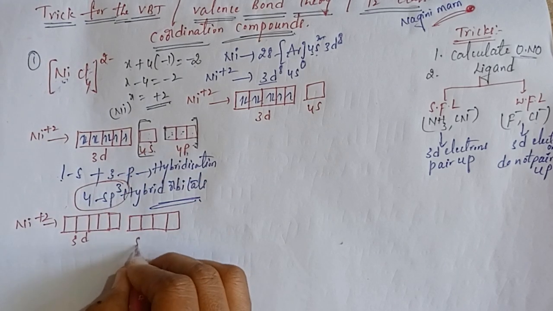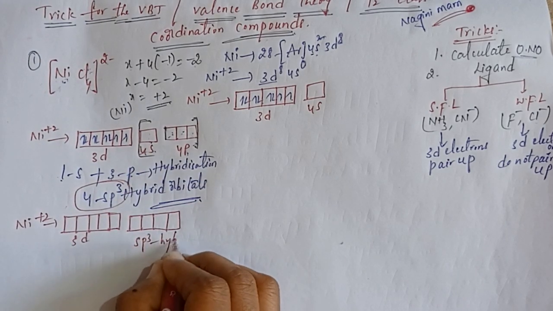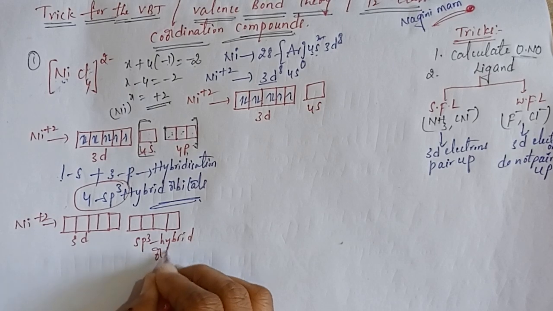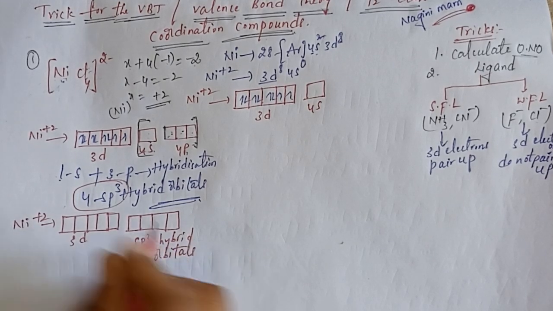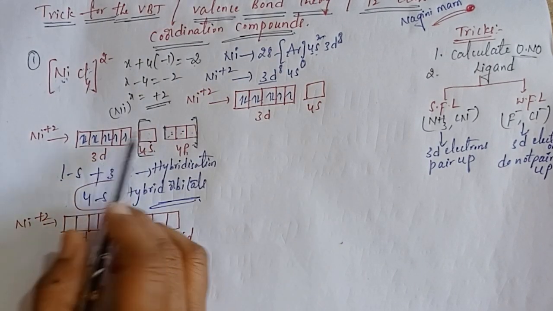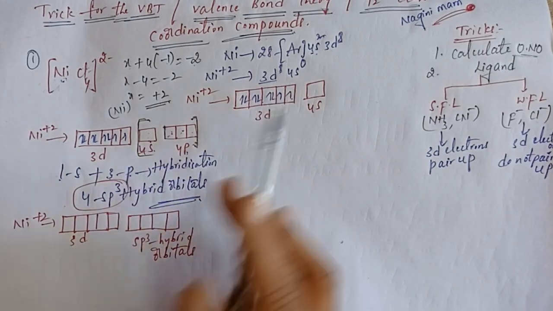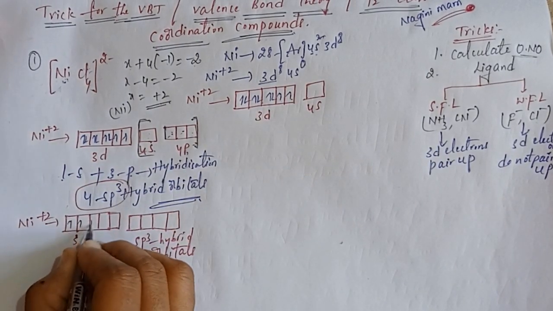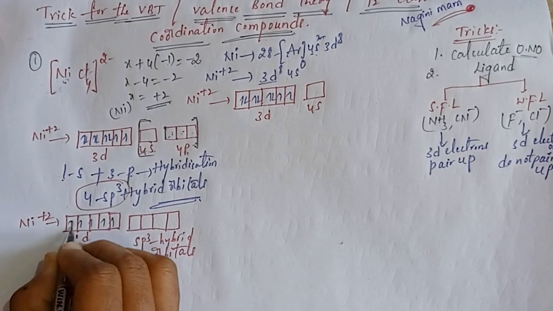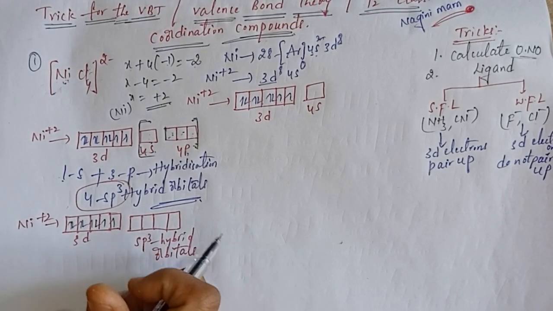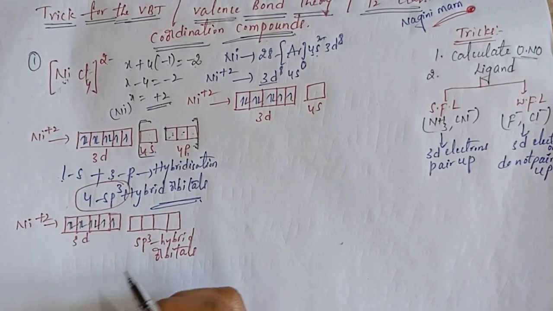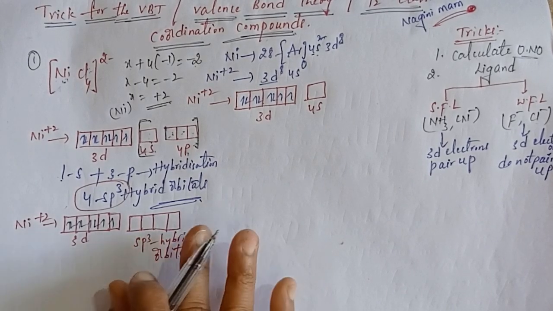Which one is this, students? sp3 hybrid orbitals. Okay, 3d. How many electrons are there in 3d? Total 8 electrons there. As it is I am writing 3, 4, 5, 6, 7, 8. Okay, 8 electrons. sp3 hybridized orbitals are formed.